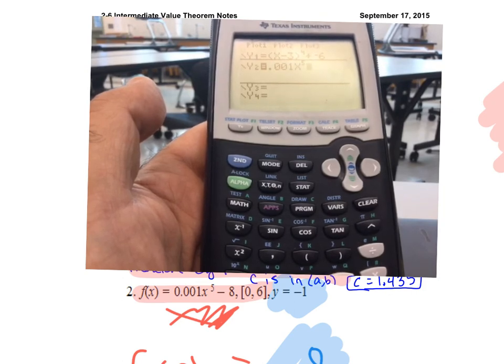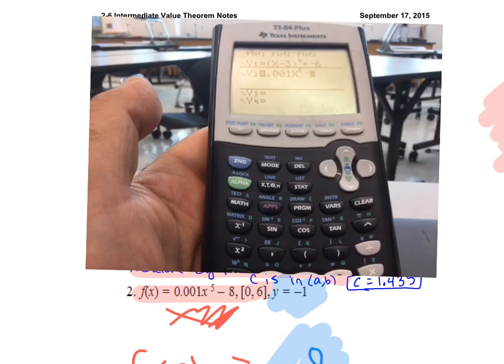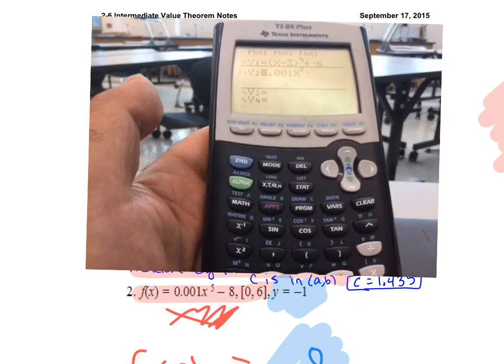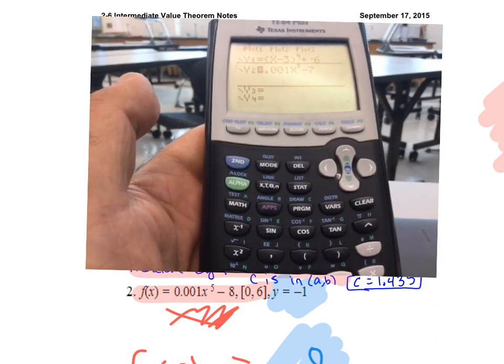And since I'm letting it equal -1, I want to add 1 on both sides so I can get it to equal 0. And when I add 1 on both sides, this becomes -7. Alrighty, I hope that was clear why I made it -7 instead of -8.